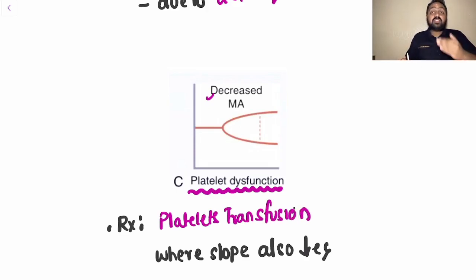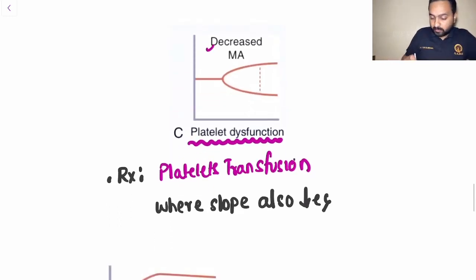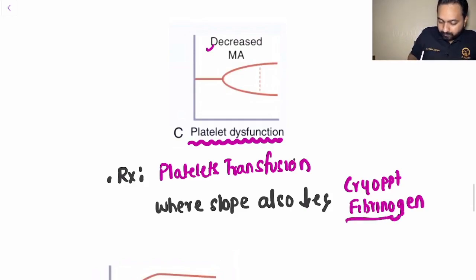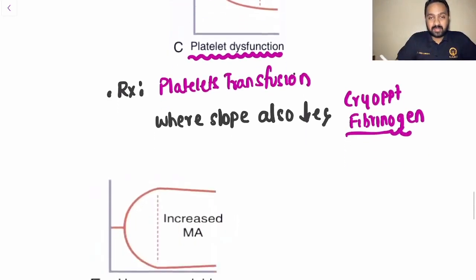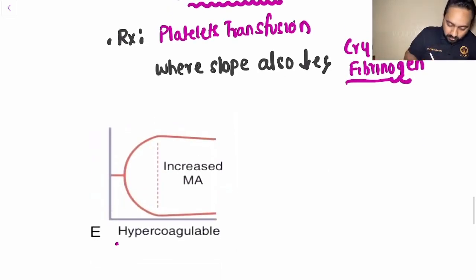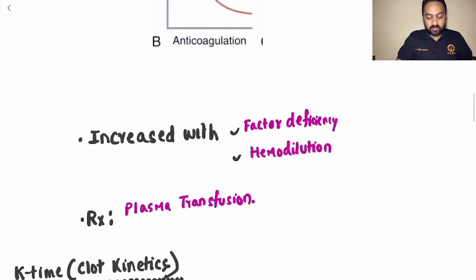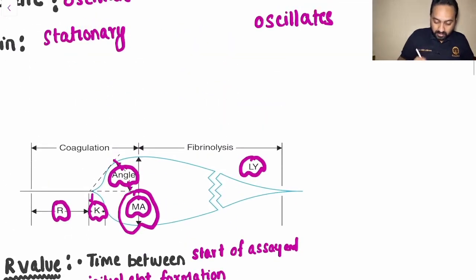But where the slope also decreases, over there you would need to give cryoprecipitate and fibrinogen. Right. Now if it is an increased MA, that represents your hypercoagulable state. Right. Now moving down to the last tracing of your TEG, which is your LY.